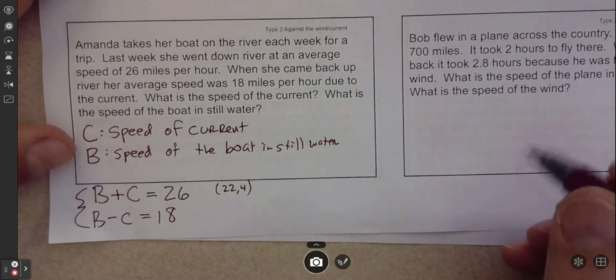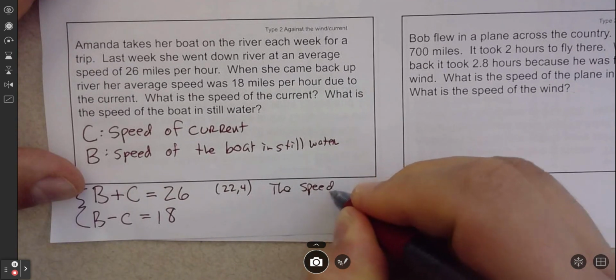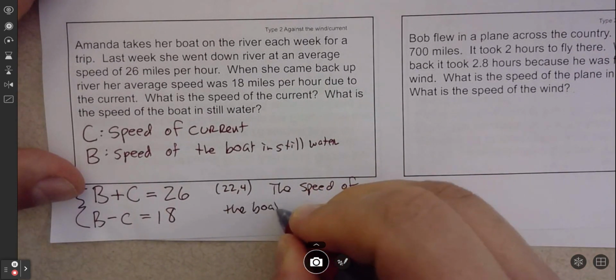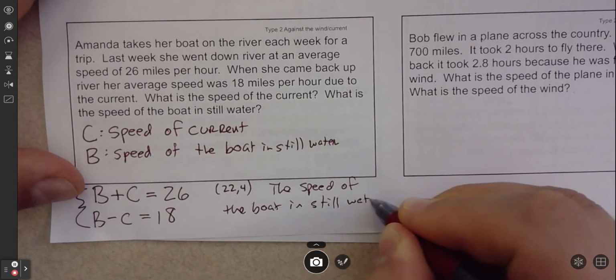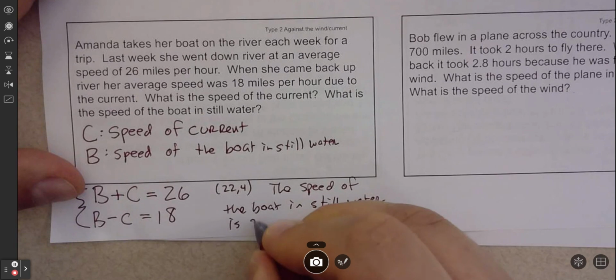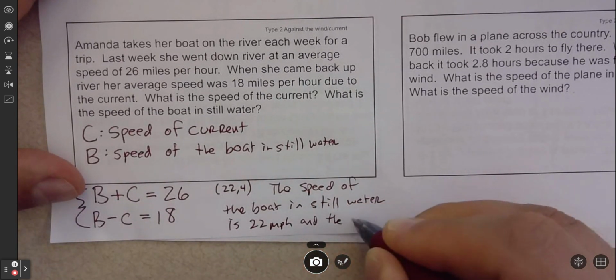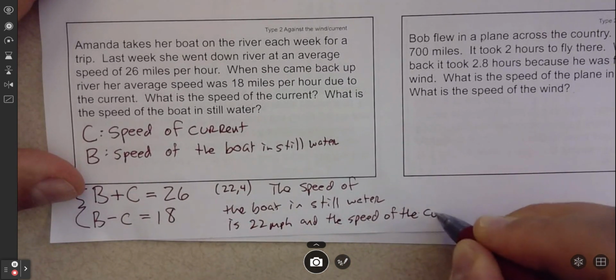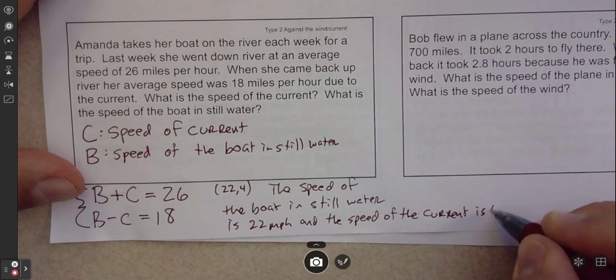Word problems, word answers. The speed of the boat in still water is 22 miles per hour, and the speed of the current is 4 miles per hour.